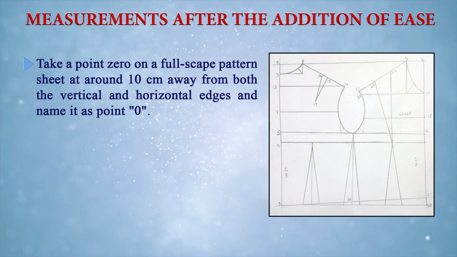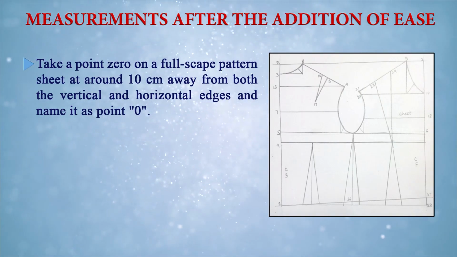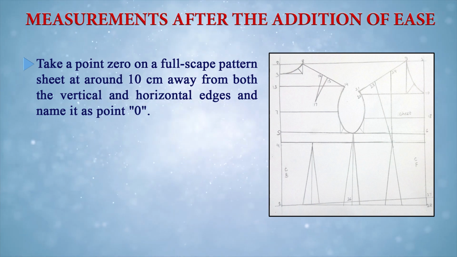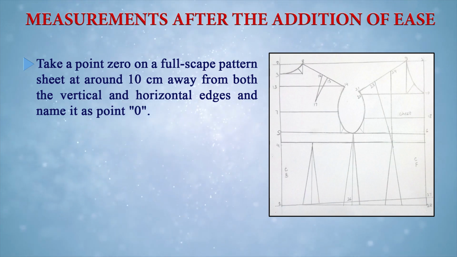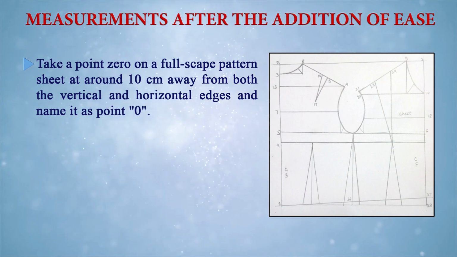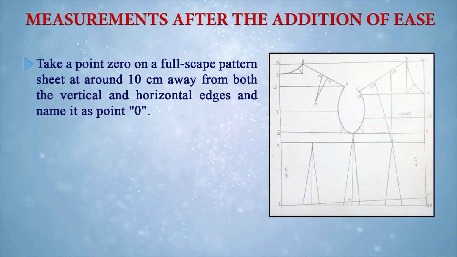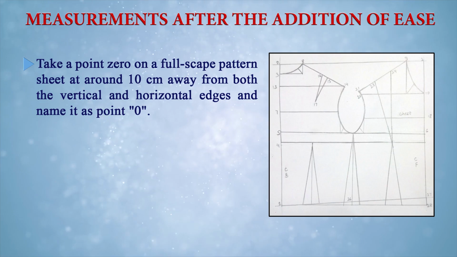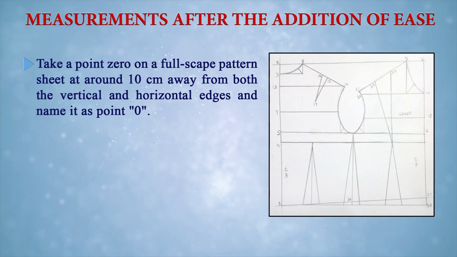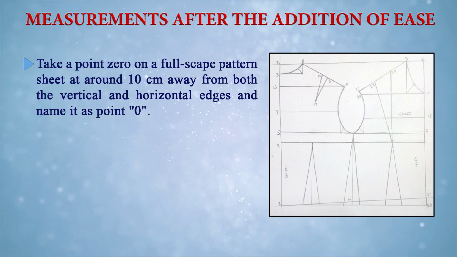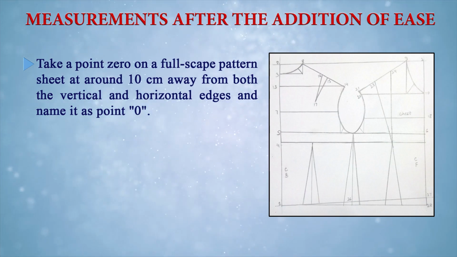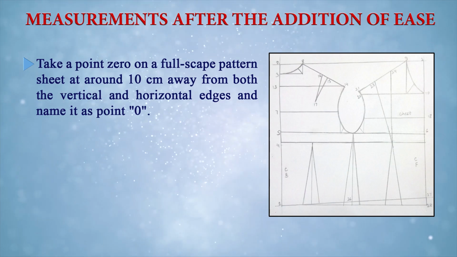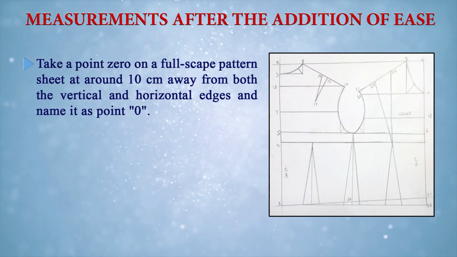You can take a point 0 on the half scale pattern sheet at around 10 centimeter away from both the vertical and horizontal edges, and name it as point 0. If you have a full scale pattern sheet, then you can take a point 0 at around 10 centimeter away from both the vertical and horizontal edges, as you can see in the diagram, and name it as point 0.